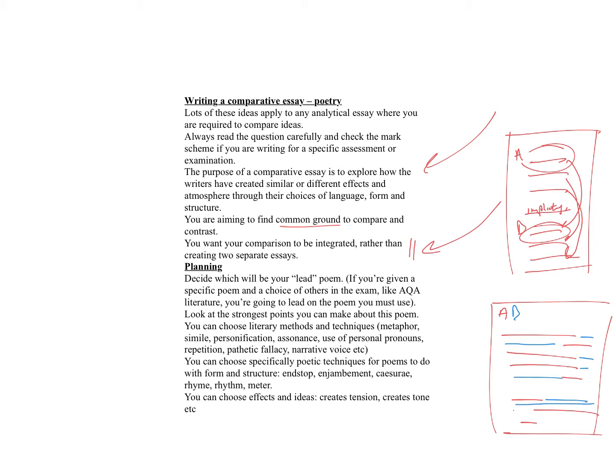Maybe put a whole line of blue in there. Okay, so actually you've got both sets of ideas running through your essay. It generally makes it easier to engage with both poems and get higher level ideas if that's the approach you're taking. So if we go to planning, how are you going to start to plan this?